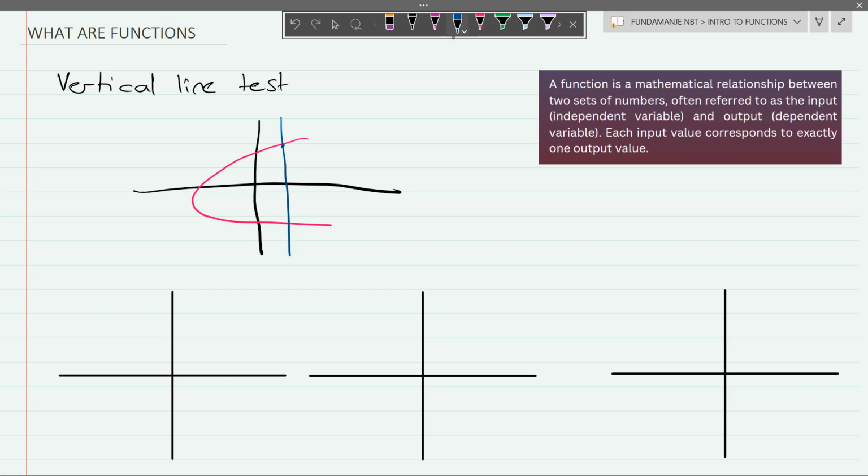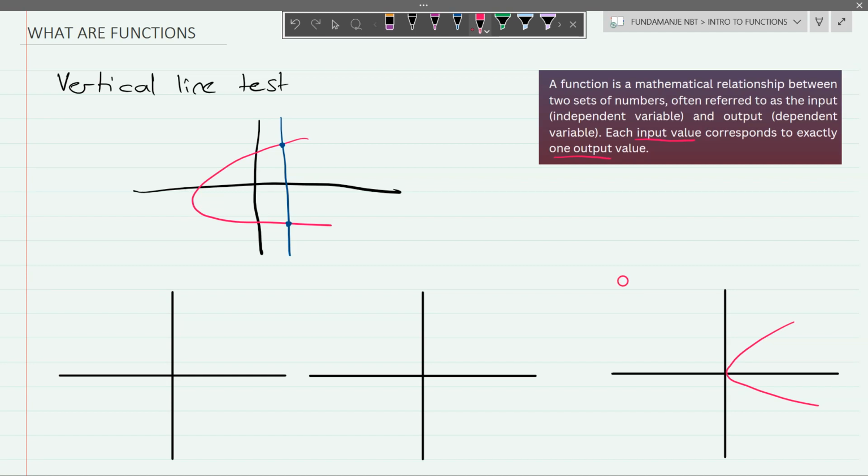And if we have something like this, we see that for this vertical line we have two points on our vertical line that it is intersecting with our supposed function. This means that this is not a function, and we refer to these types of graphs as a one-to-many. From the definition here, we know that each input value corresponds to exactly one output value.